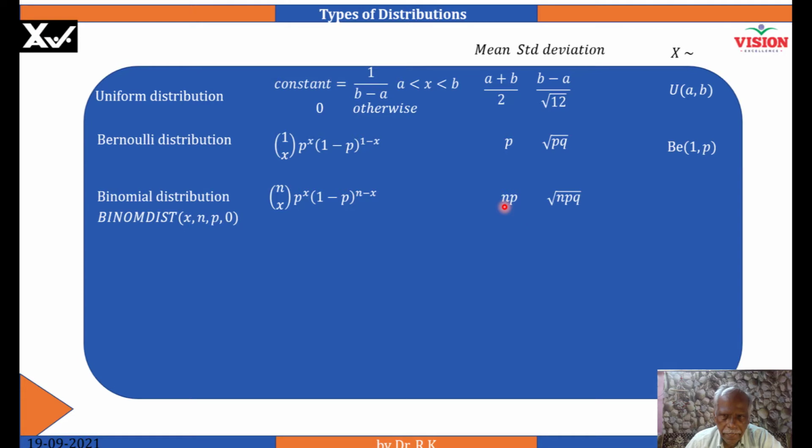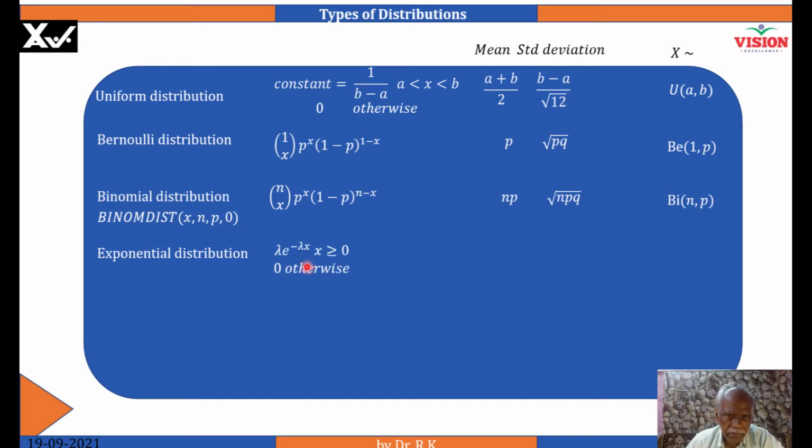The mean is given by n into p, and standard deviation is given by square root of the product of n, p and q. It is read as x is distributed as binomial distribution with number of events n and proportion of success p.